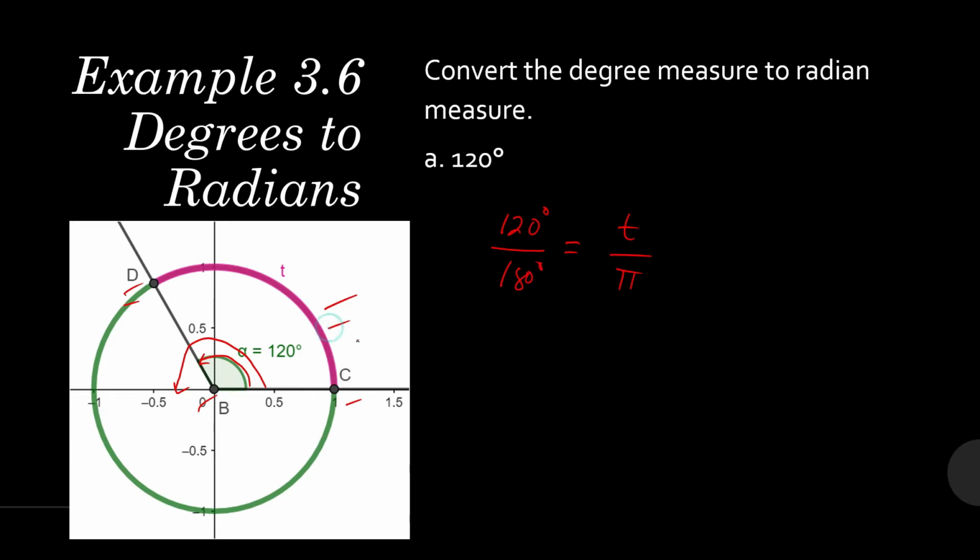Well, this is our t. And our pi is the length of the entire curve of your semicircle. That's 1/2 the circumference of your circle, which is pi. This is a result of the properties of proportions. The radian measure of your angle is directly proportional to the degree measure of your angle. So we shall solve for t.